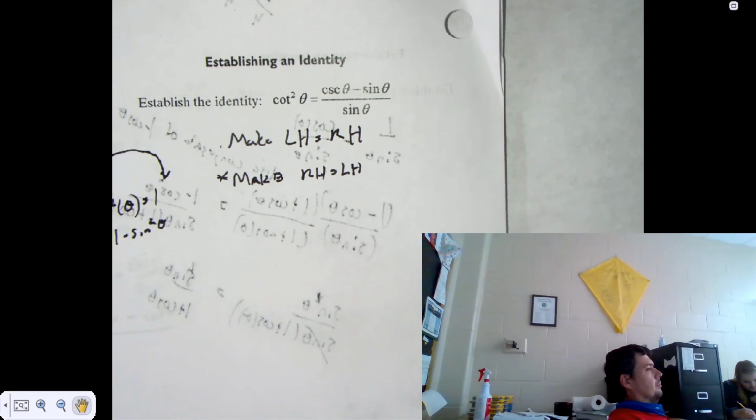Crawford, you done? If the cosine squared on top of it, I don't know how to make the sine squared on top. You have a cosine squared on top?